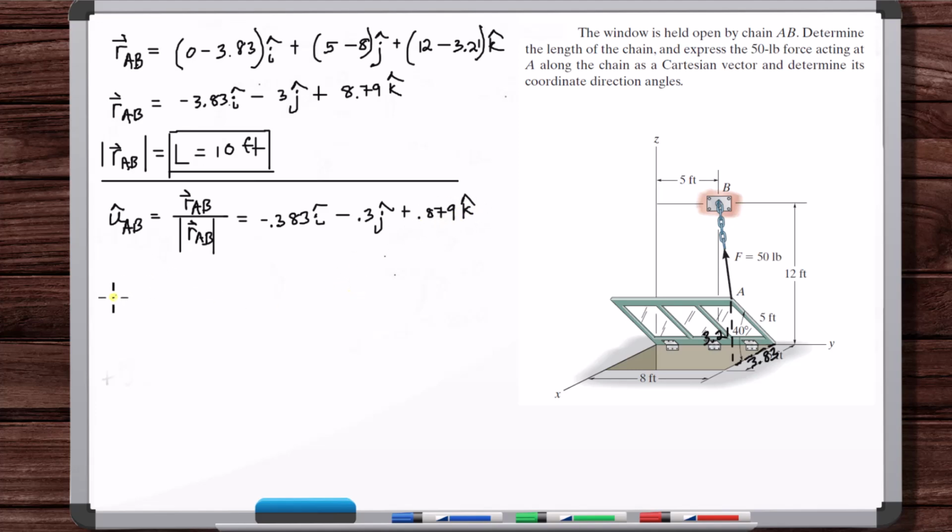Okay, so now that force, the force vector, is just 50 pounds times this unit vector, right?